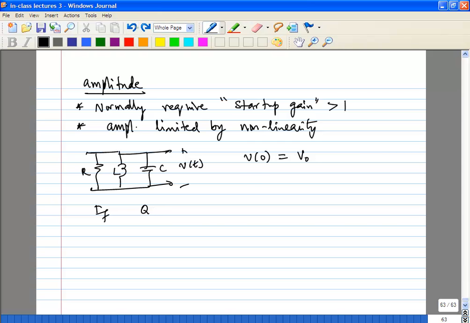What is the Q of this? Right, we know this.